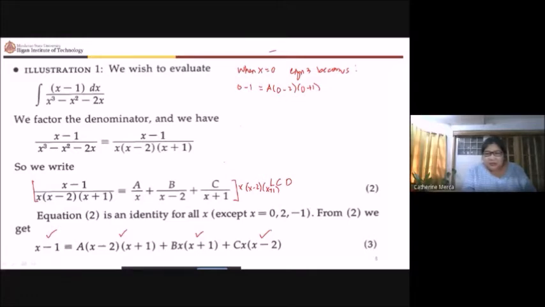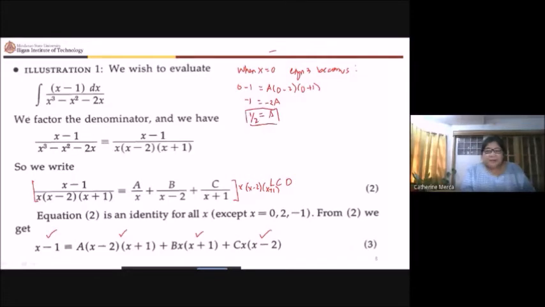Cx, c times 0 is 0. So yan lang maiwan. So you now have 0 minus 1, so that becomes negative 1. Negative 1 equals a times 0 minus 2, negative 2a. And what is this? 0 plus 1. That is 1. So negative 2a na lang. That means to say that your a is equal to positive 1/2.